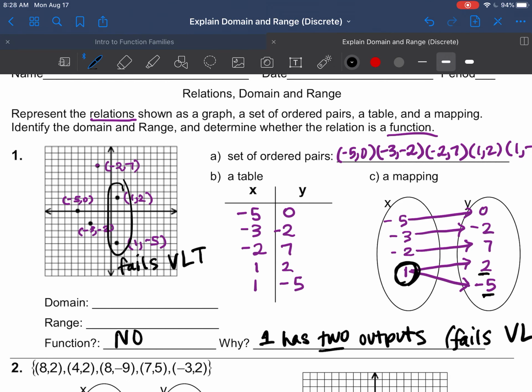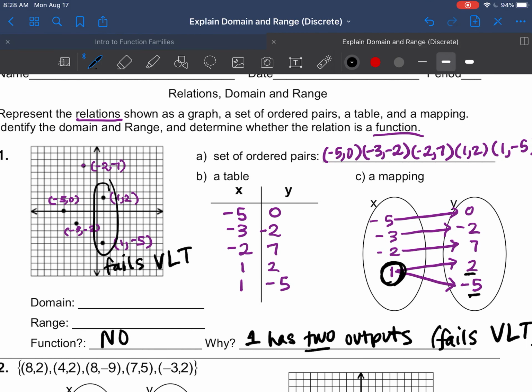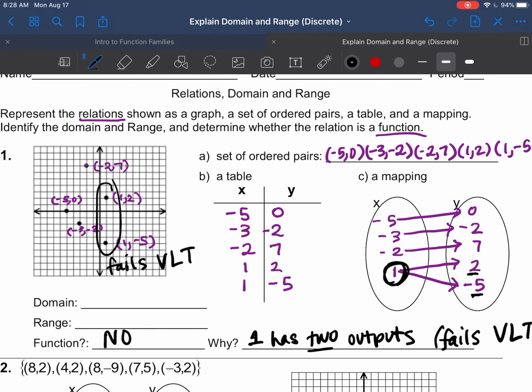Okay, now for domain and range, we've briefly talked about this in previous lessons, but your domain is all of your inputs or your x values, and your range is all of your y values, your outputs. And so for domain, since this is a discrete graph, we can list each x value, and we're going to put them in squiggly brackets, just like I drew.